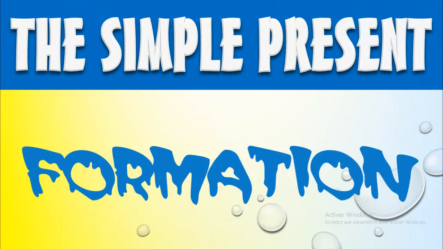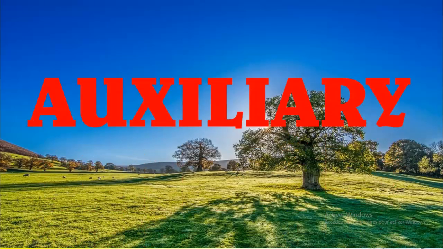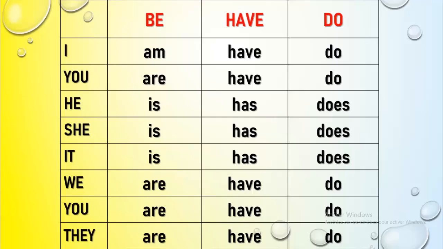Simple present formation. How do you form the simple present? We have seen this in 6e, 5e, 4e, and today it is a revision. Auxiliaries first. I am, you are, he is, she is, it is, we are, you are, they are.